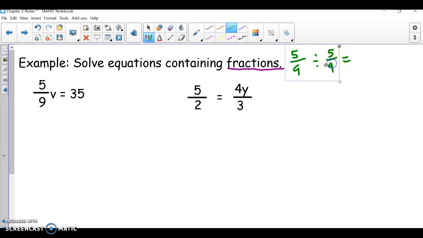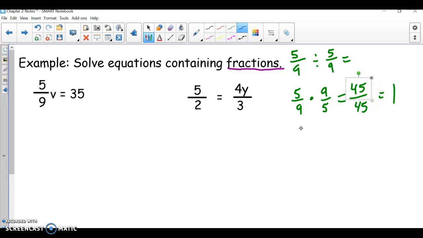Well, when you were in 6th grade and you had a fraction divided by a fraction, Mrs. Wetzel told you to copy the first one, change your division sign to a multiplication dot, so there's copy dot, and she said flip-flop the second fraction, which means take its reciprocal. So when we divide fractions, we can use copy dot flip-flop from 6th grade, and then you can multiply and get 45 over 45, which equals 1.